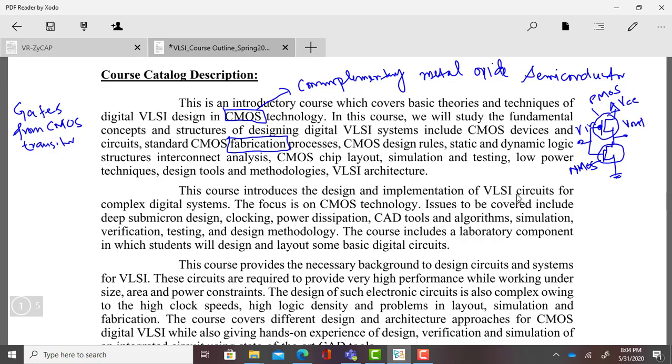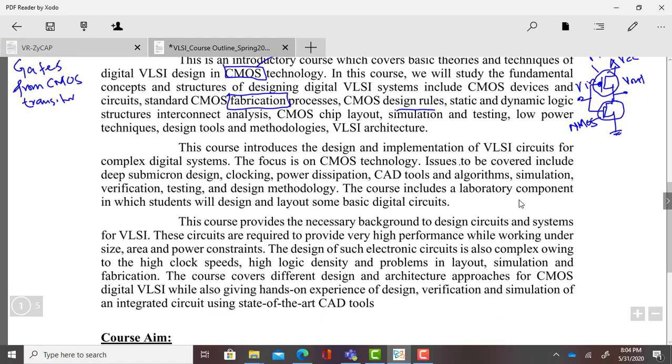So in this course we will study how it is possible to fabricate such kinds of ICs or chips. What are the rules for these fabrication processes? How they are interconnected, how we simulate, how we test, how we design for low power.